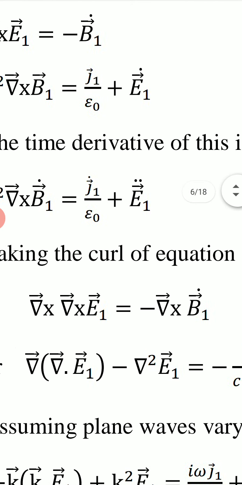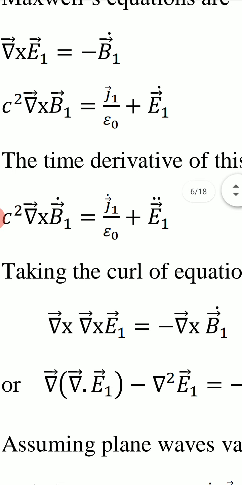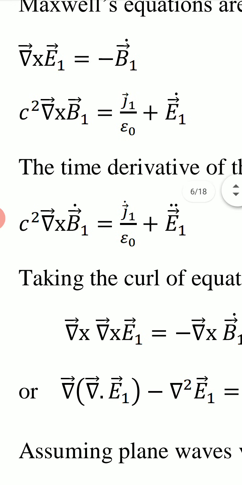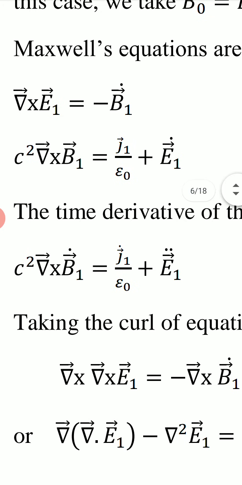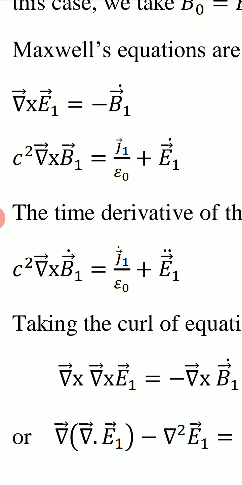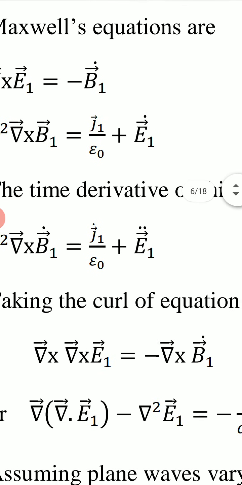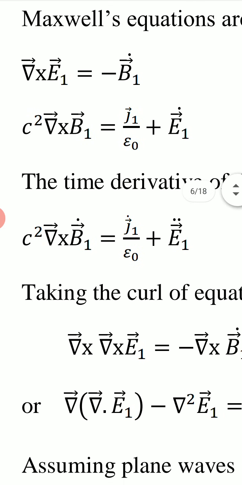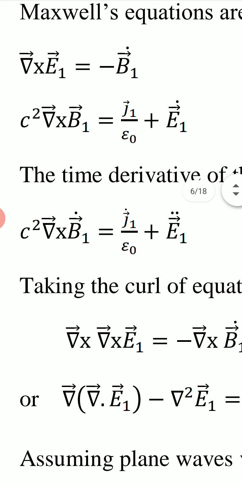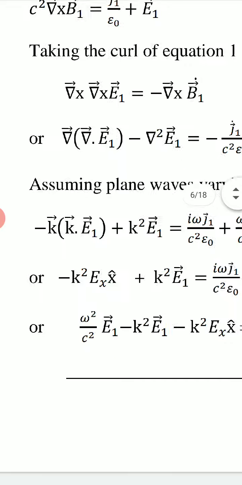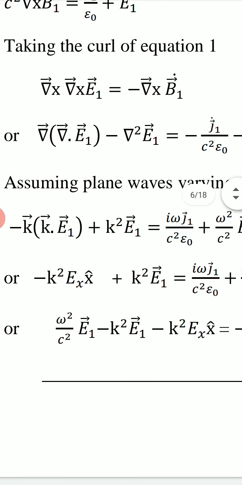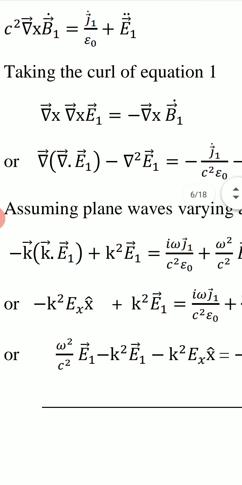And then we put the value of del cross B1 dot in the right hand side from the relation c square del cross B1 dot equal to J1 dot upon epsilon 0 plus E1 double dot. In the left hand side we have del cross del cross E1.